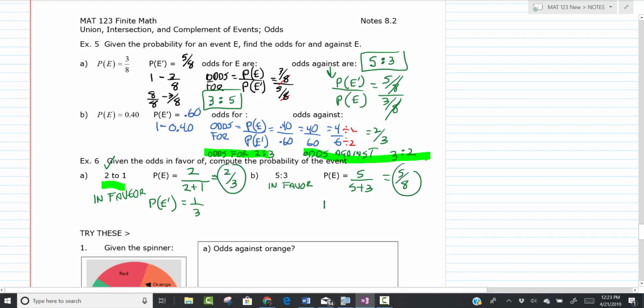And then if you want the probability of that not happening, then it would be 3 over 5 plus 3. So that would be 3/8. So you want to notice on this is those probabilities are going to add up to 1. They always will. So if you're given odds for, it's easy to find the probability of, and it's also easy to find the probability against. Okay, like that. All right.